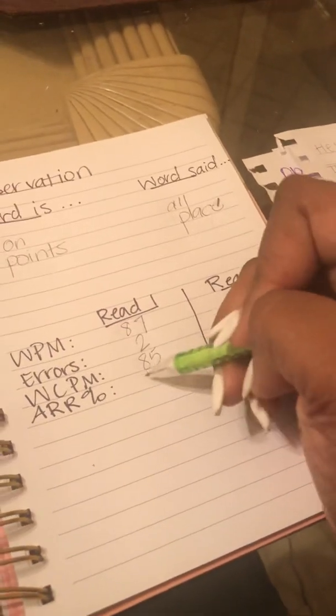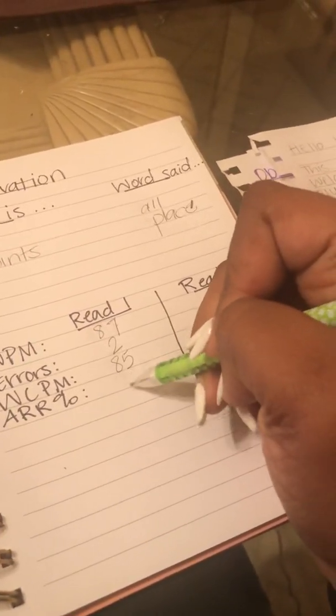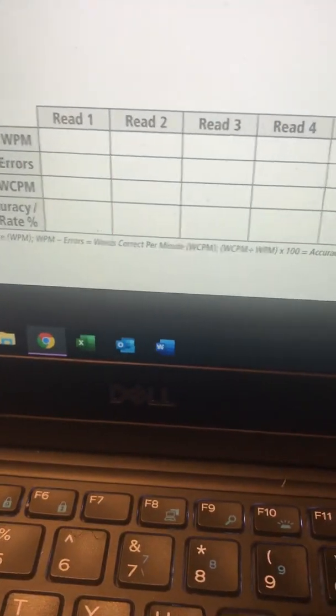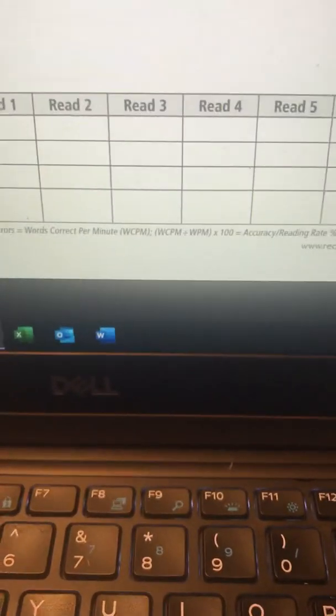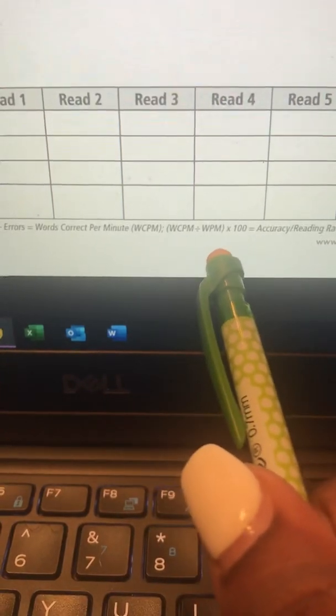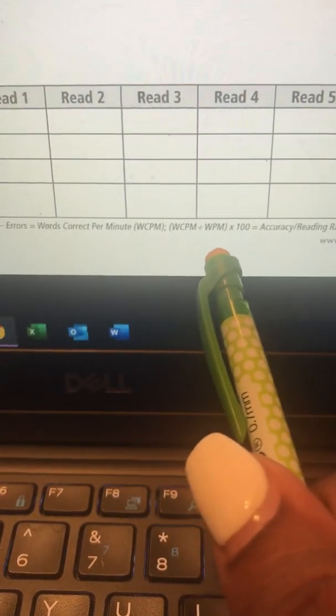And now I need to get my accurate reading rate percentage. At the bottom of your screen, it tells you how to calculate it. So you have words correct per minute divided by words per minute times 100. I'm going to go to my calculator.